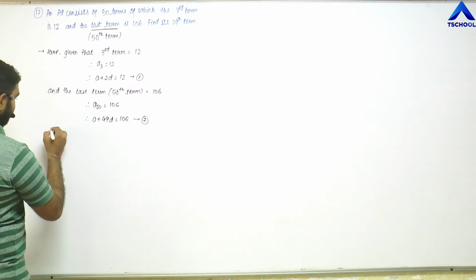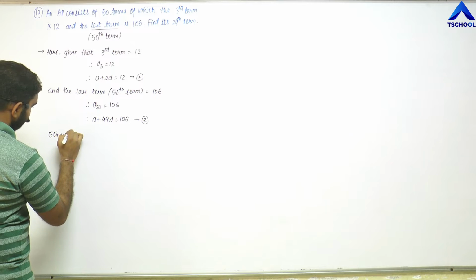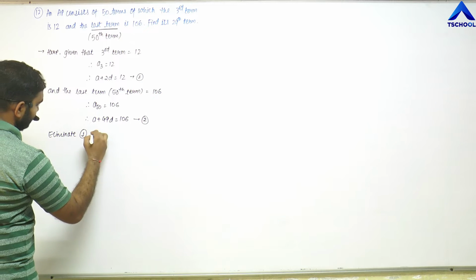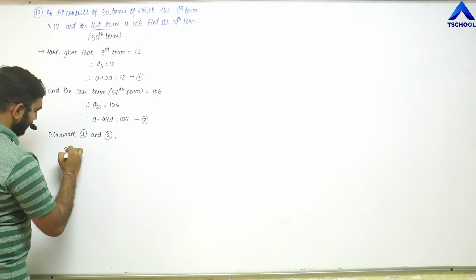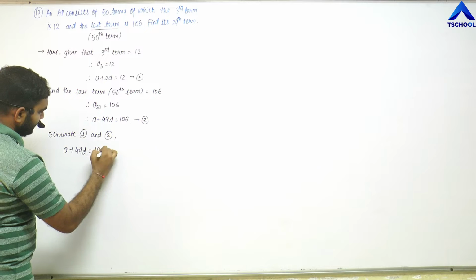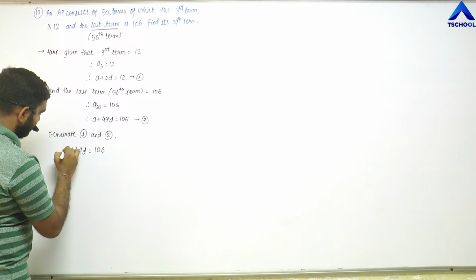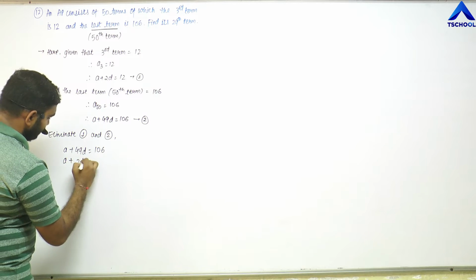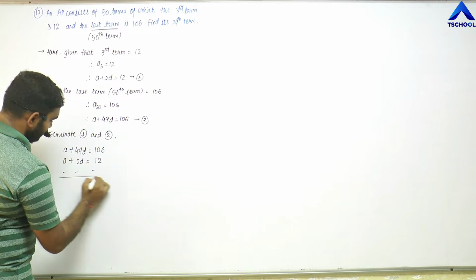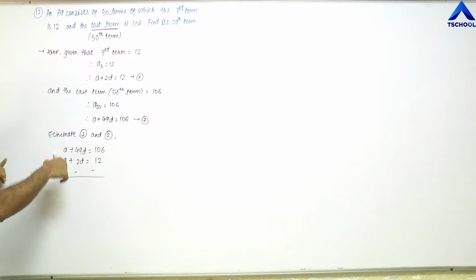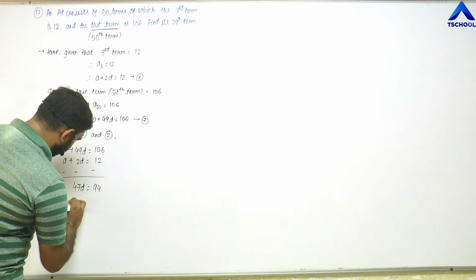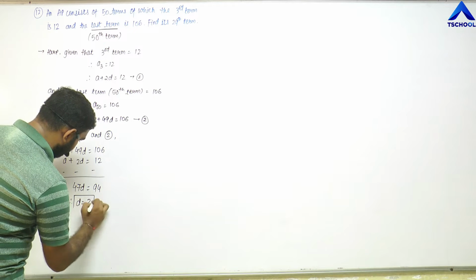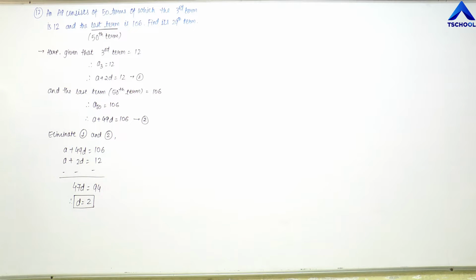Now let us eliminate equations 1 and 2. So we get A plus 49D is equal to 106 and A plus 2D is equal to 12. Subtracting them, A and A will be cancelled. 49 minus 2, that is 47D is equal to 94. Hence D is equal to 2.